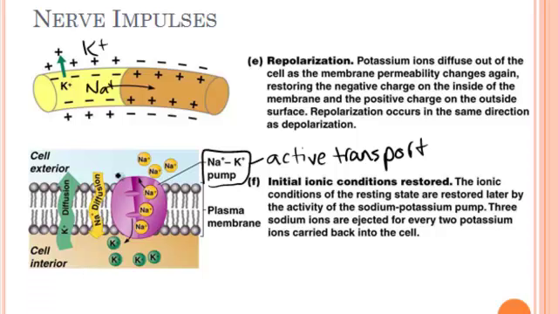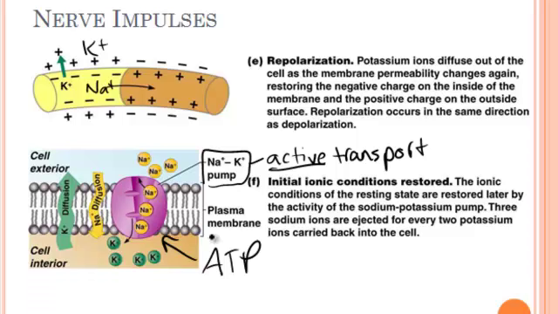So what the sodium-potassium pump does is it actively pumps sodium ions outside the axon, and as it does that, it's able to actively pump potassium ions back inside the axon, inside the cell. And it's active transport because it takes energy. So ATP is needed in order for this to happen.